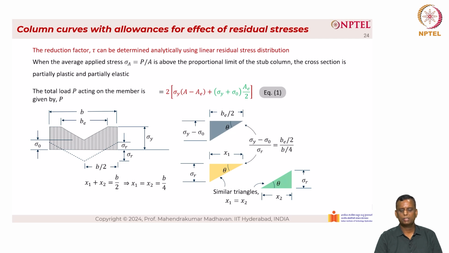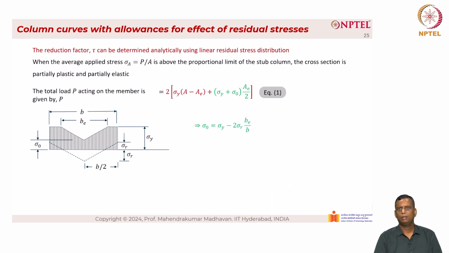So now from the similar triangles at the top, we have (sigma y minus sigma naught) divided by sigma r is equal to (b by 2) divided by (b by 4). This again can be simplified as sigma y minus sigma naught is equal to 2 into be by b into sigma r. So sigma naught is equal to sigma y minus 2 into sigma r into be by b.